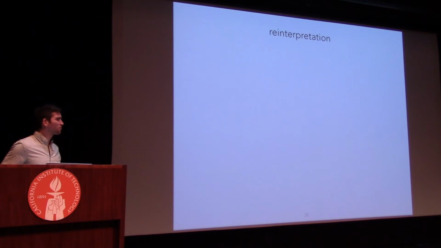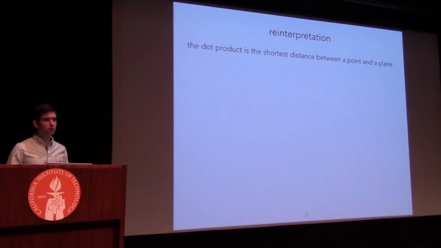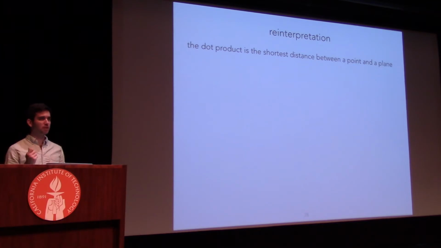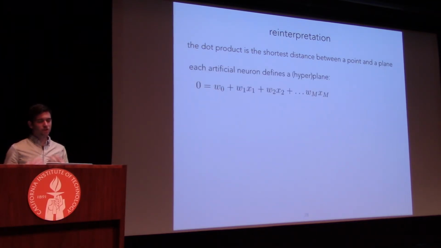And now I want to give more of a geometric interpretation of what's actually going on inside this network. It's easy to look at the mess of arrows and circles and kind of get lost in what's actually going on here. So if we interpret the dot product as actually the shortest distance between a point and a plane, then each artificial neuron defines a hyperplane.